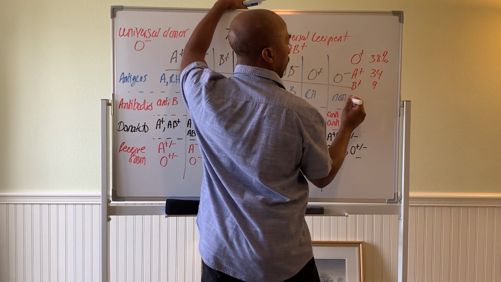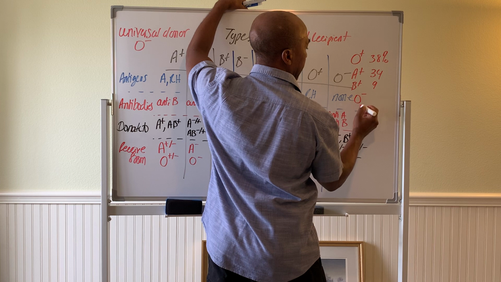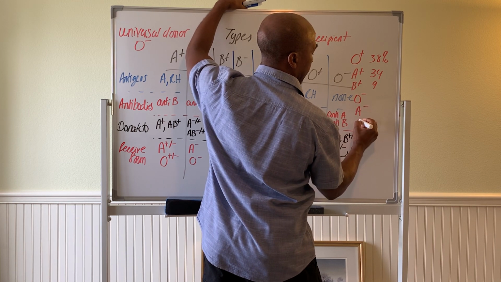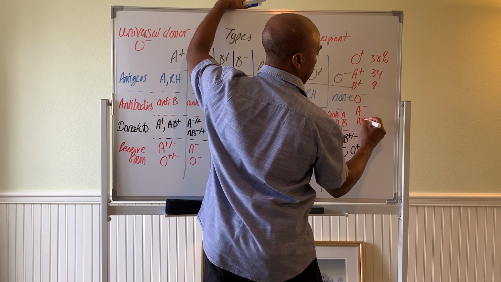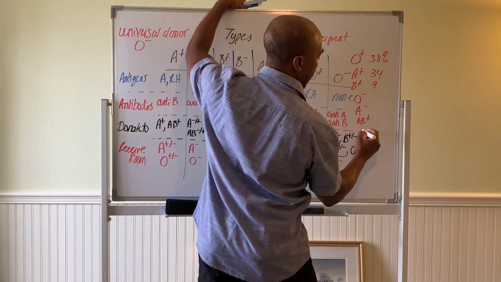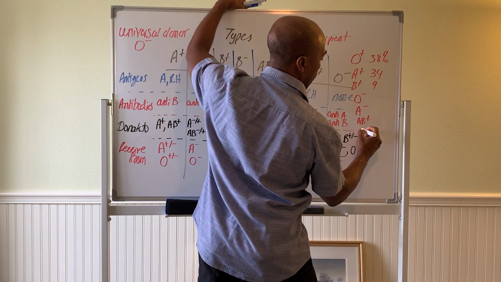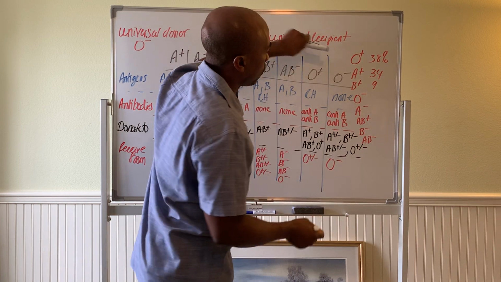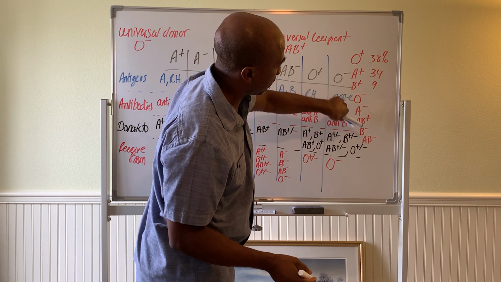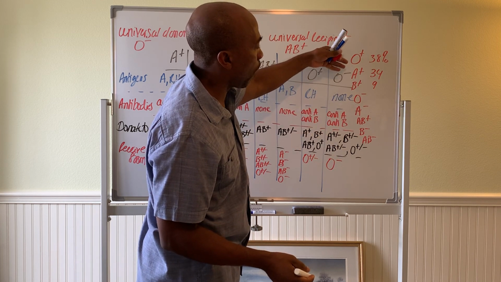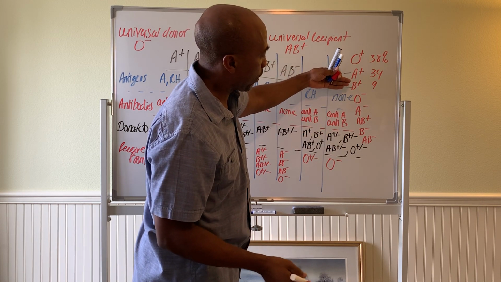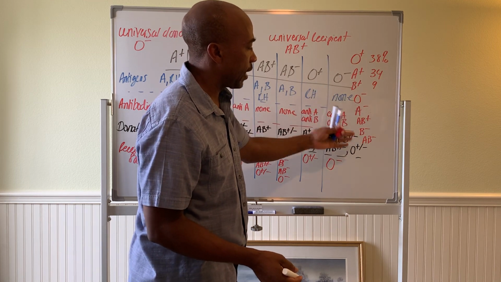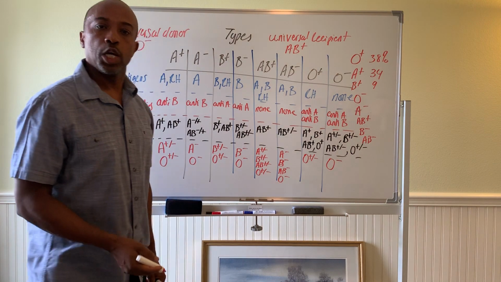From here, you get to your O negative, A negative, and then your AB positive, and then your B negative and AB negative. That's the order, 1 through 8: O positive, most common, almost the same as A positive, then B positive, O negative, A negative, AB positive, B negative, AB negative. Okay, we'll pause there.